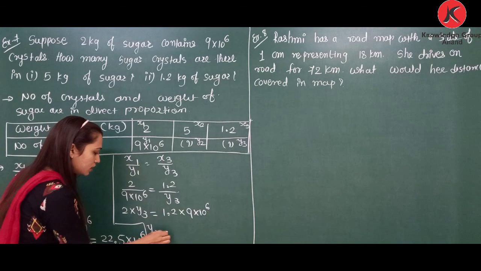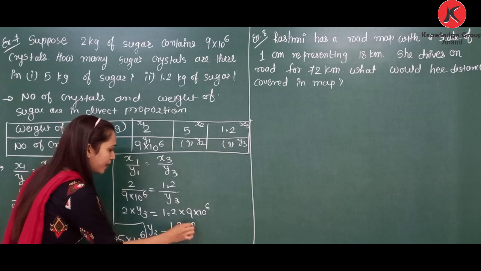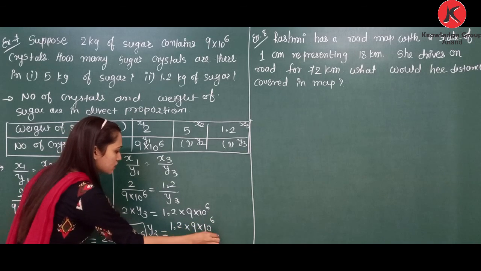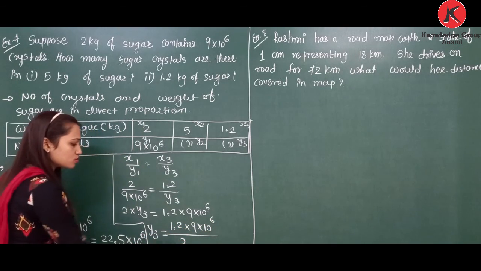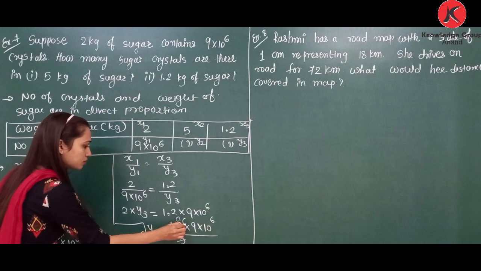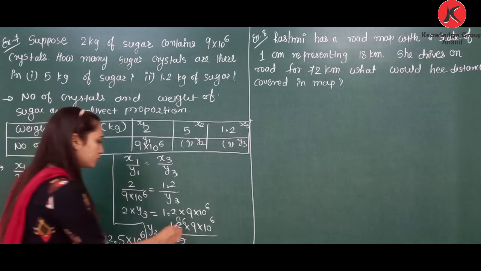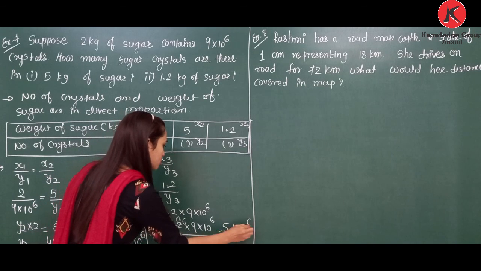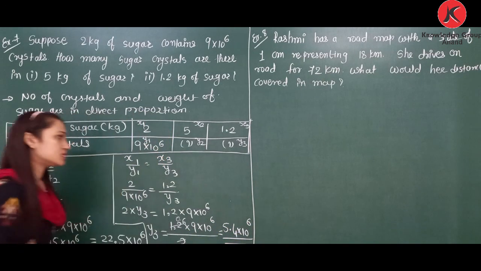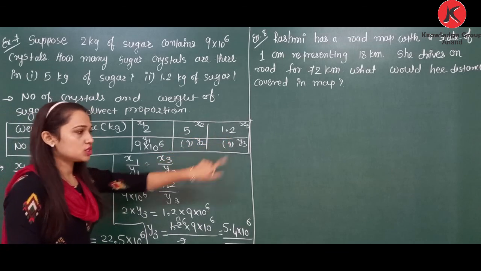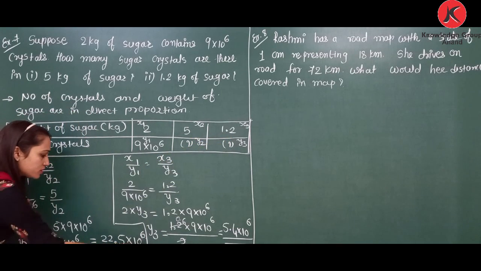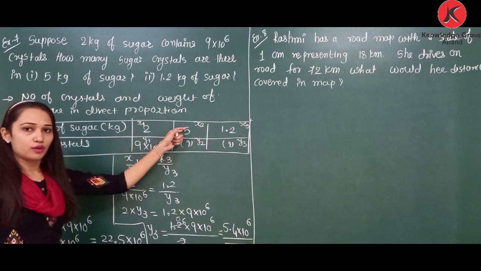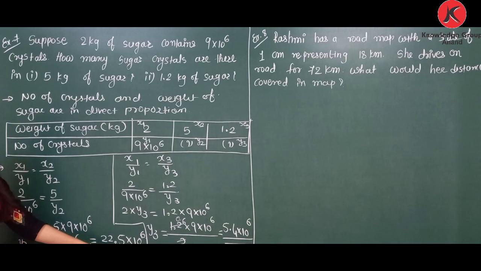So y3 is equal to 1.2 multiplied by 9 into 10 raised to 6, divided by 2. So this will give 0.6 times 9, which is 5.4 multiplied by 10 raised to 6. That will be the number of crystals when it is 1.2 kg, and the earlier result gives the number of crystals when it is 5 kg. 22.5 you can write as 2.25 into 10 raised to 7. Clear? Now next one.